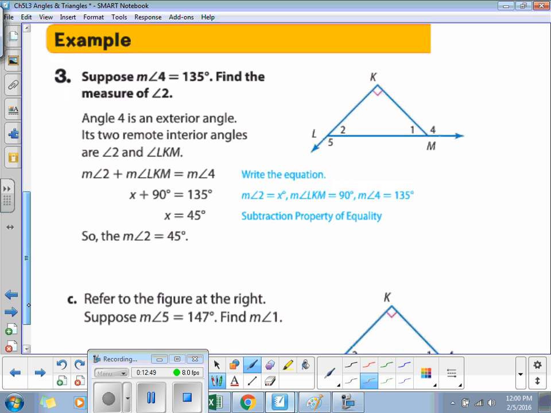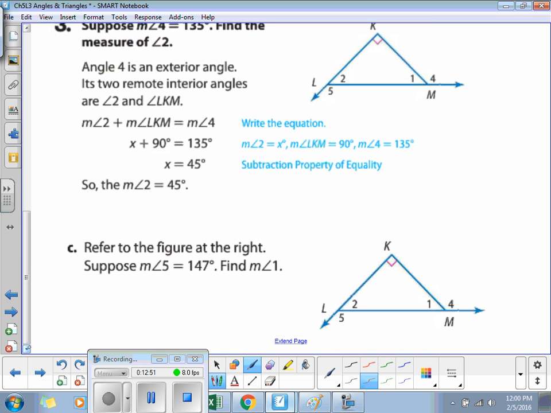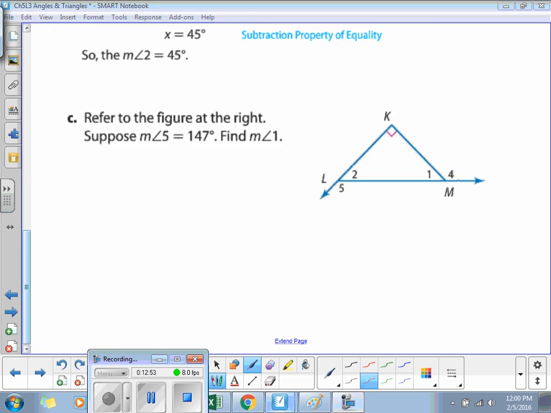So let's go straight to our example. Okay? Looking at this picture here, we want to suppose that angle 5 is 147 degrees. Okay? We want to find angle 1.